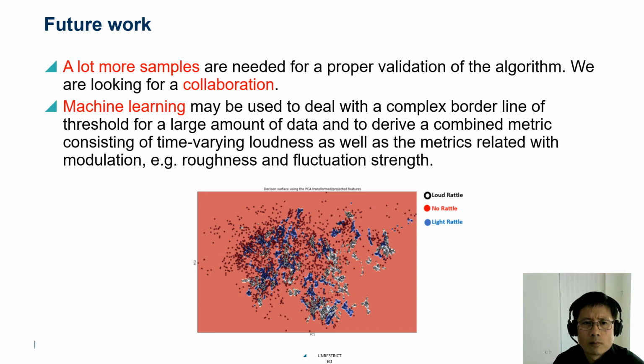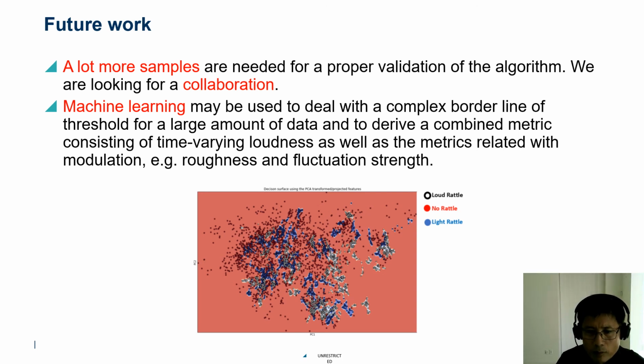And possibly a machine learning algorithm can be used if we want to make a more complex border between different types of BSR sounds. As an example, one of my students made a project where we made two different types of rattle sounds, as well as a sound without the rattle event, and then extracted different types of features and calculated two principal components.